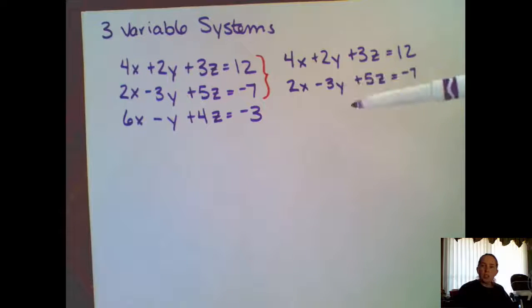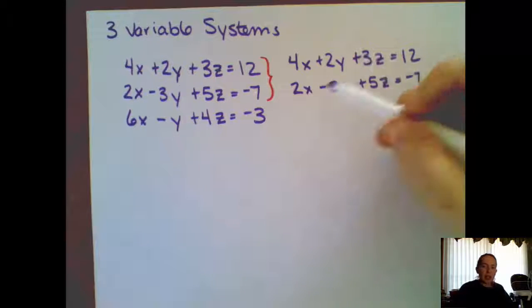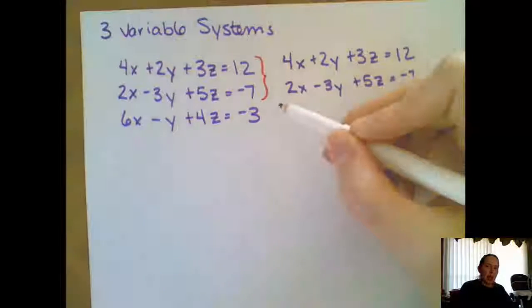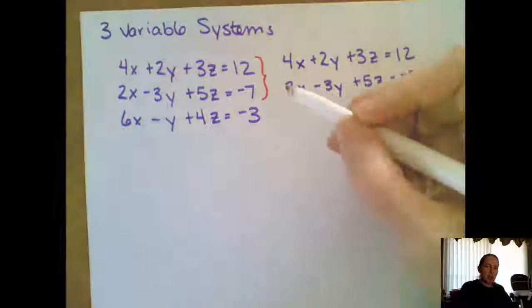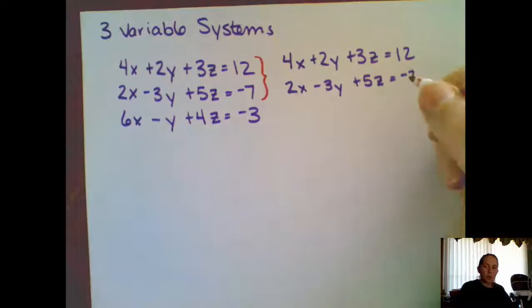So what we need to do is get one of these letters to eliminate. Go back to your elimination practice and think about that. I'm noticing that my x's are pretty close to each other. If this was a negative 4, my x's would go away.